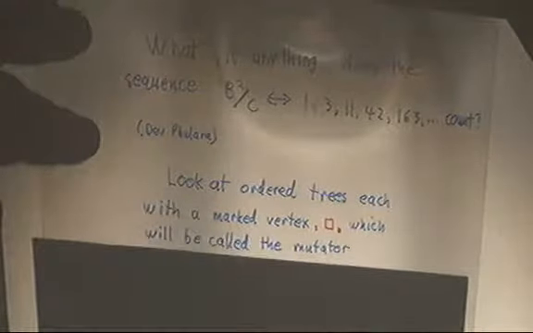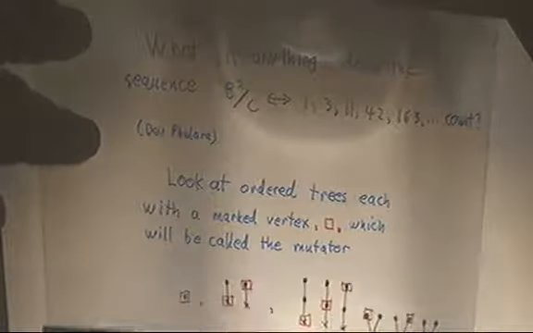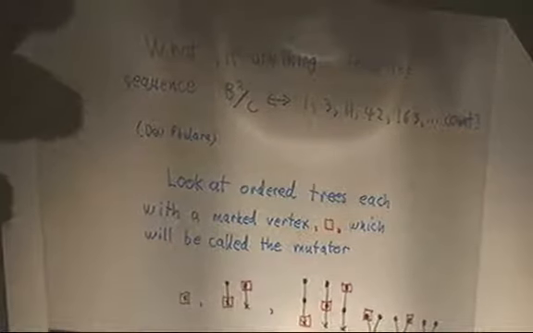Okay, look at ordered trees, the same thing as planar trees or plane trees. They're counted by the Catalan numbers, and we mark a vertex, which we will call the mutator. And we count these.